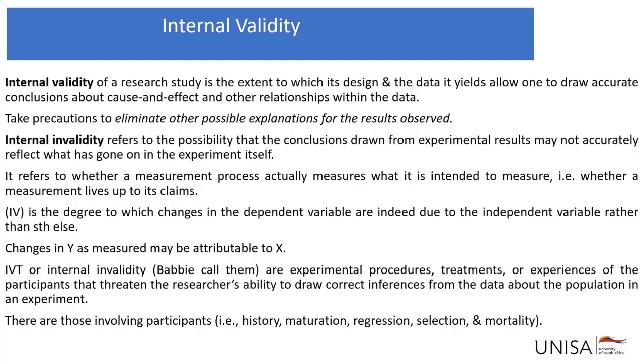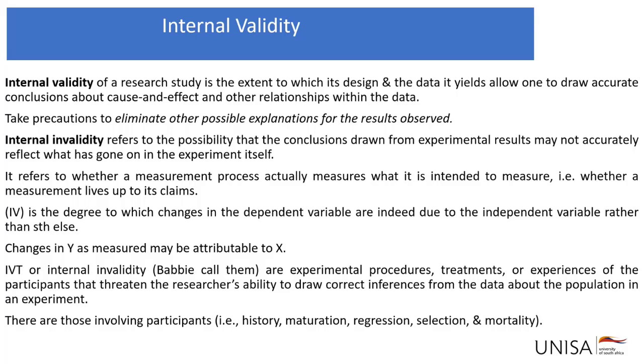So internal validity is when you've got no other doubt, and you say, I know for a fact that this is the result of that. You are basically 100% certain that the conclusion you are able to draw is a result of the measurement you have been following in the experiment.